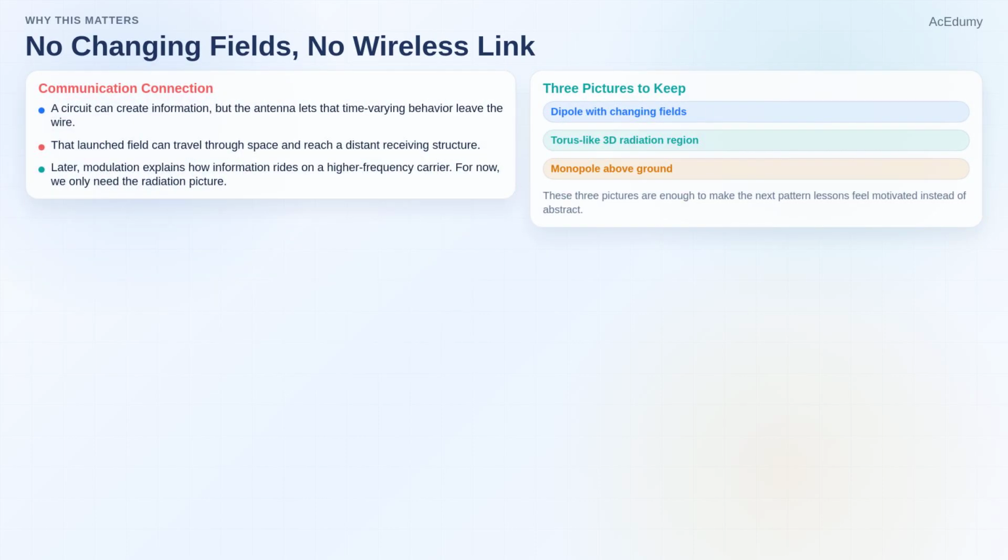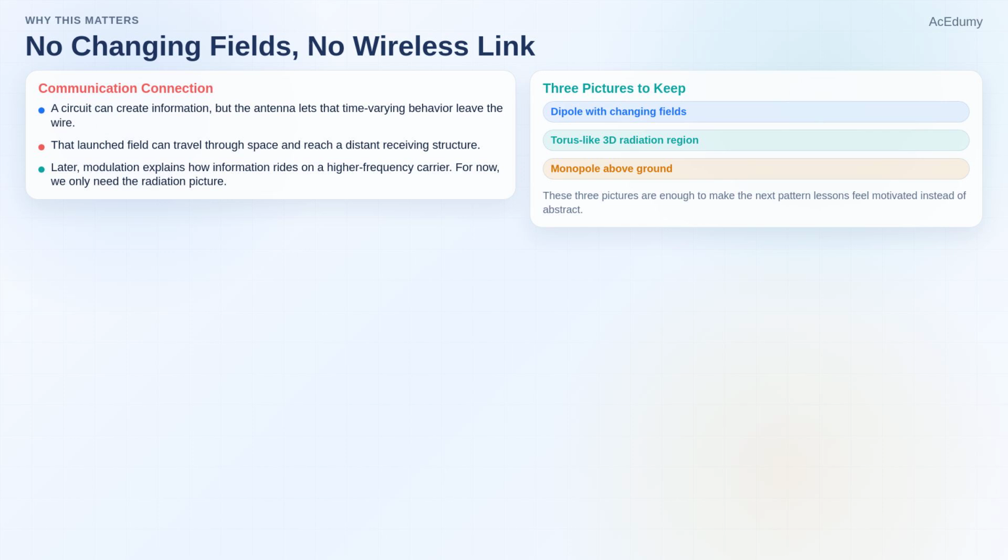This is also why antennas matter so much in communication systems. A circuit can generate information, but an antenna lets that time-varying electrical behavior launch into space and reach a distant receiver. Later, modulation explains how information rides on a higher frequency carrier.